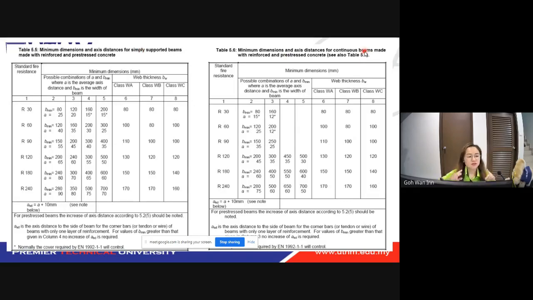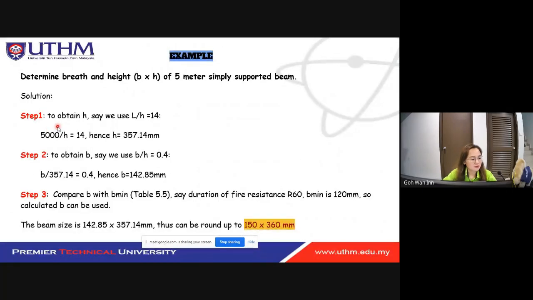The difference: simply supported beam means only one span. Continuous is 2 spans, 3 spans or more. So this is the fire resistance: R30 minutes, 60 minutes, 90 minutes, and so on. So you need to refer to this. Let's say you have an R60, and then the possible combination of a and B min, where a is the average axis distance.